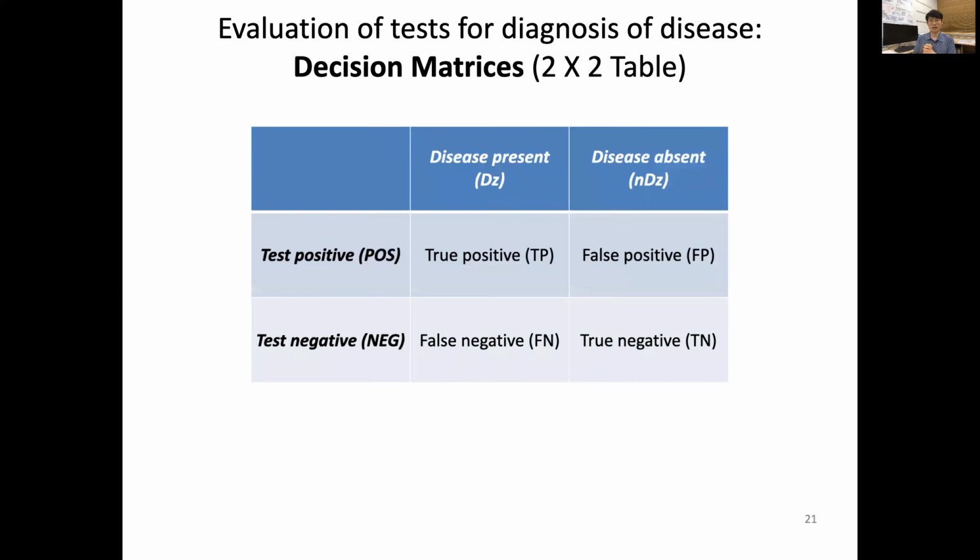With this 2 by 2 table, we can now characterize the performance of an instrument. Here you see disease present or disease absent, while on the test side, we can set certain criteria and have it as test positive or test negative.